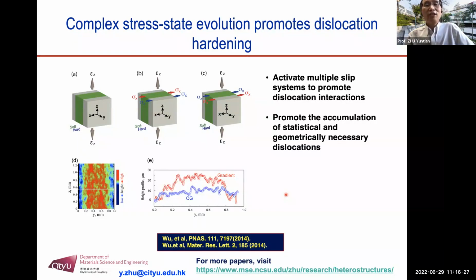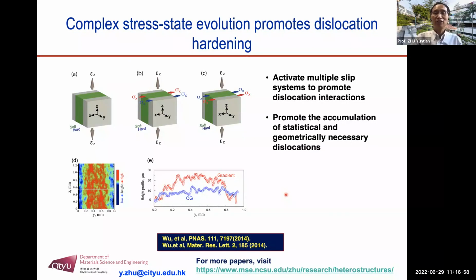This complex stress may activate multiple slip systems to promote dislocation interaction. Dislocations from different slip systems may cut each other, interact with each other, and entangle with each other, and make dislocation accumulation more effective. That will improve the strain hardening.